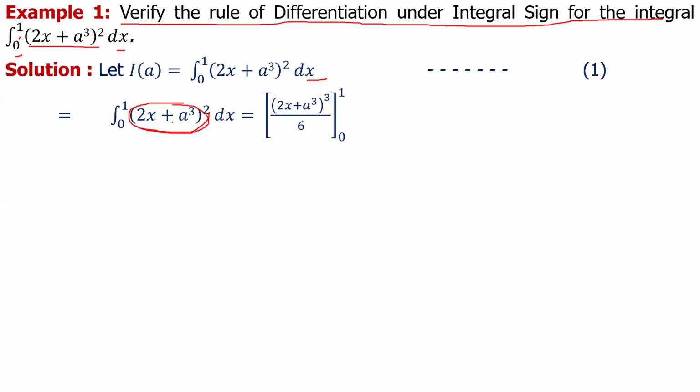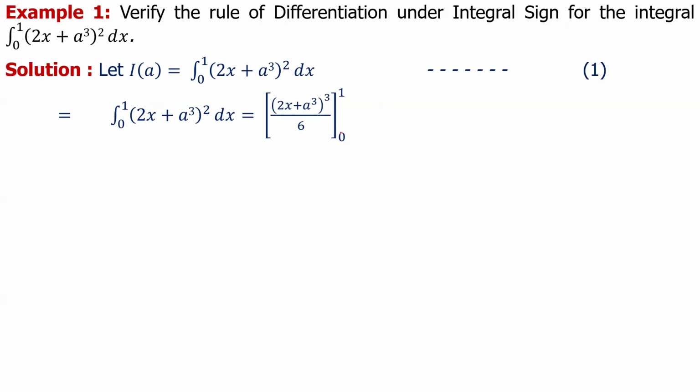The integration of x square is x cube by 3, and since x has coefficient 2, this 2 will be divided: (2x plus a cube) to the power 3 upon 2 into 3, which is 6, under the limit 0 to 1.